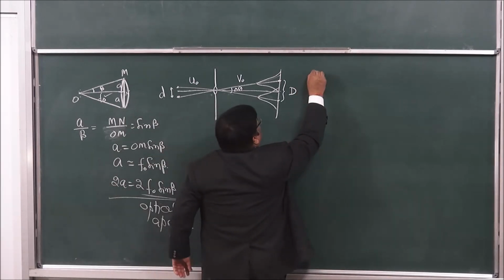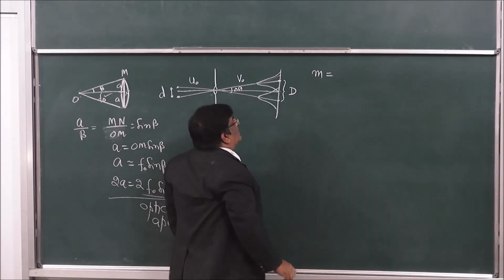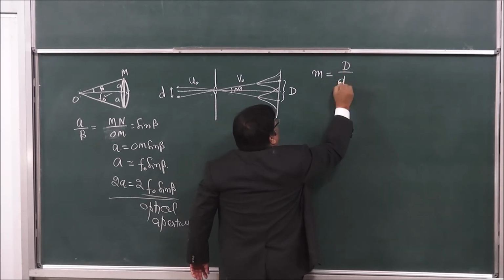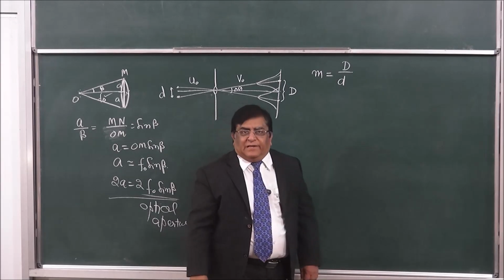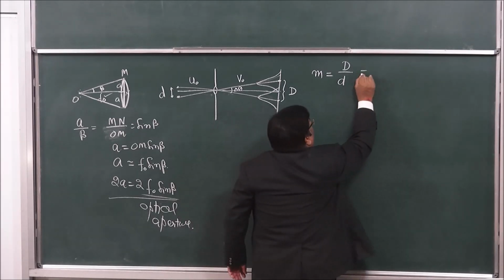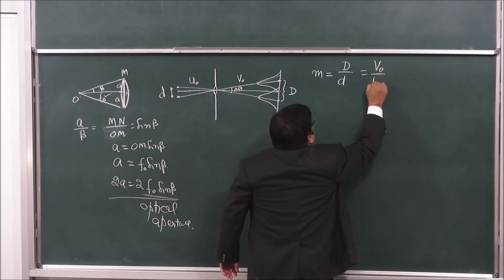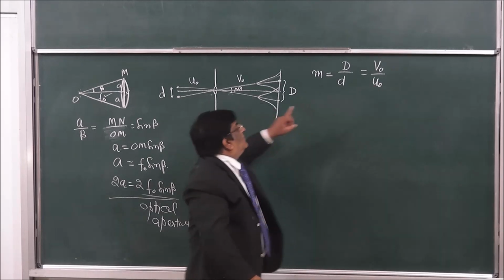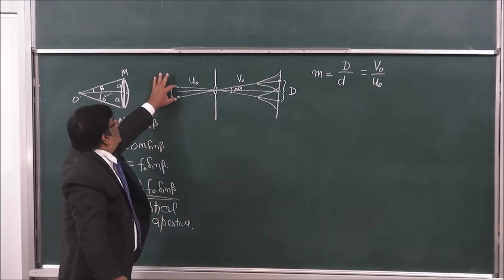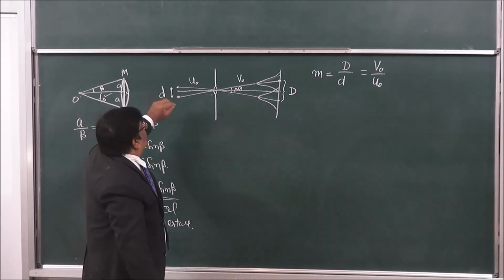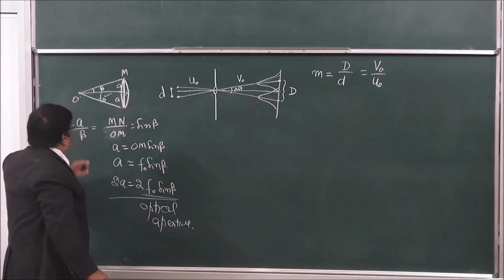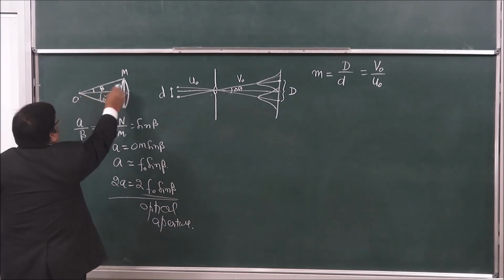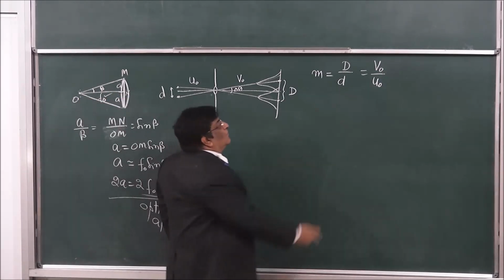What is magnification? Magnification is size of the image divided by size of the object, and we can derive that this is also equal to V objective upon U objective. Here we know that the object is placed very close to the focal length. The object is very near the focal length, so U is approximately equal to focal length.